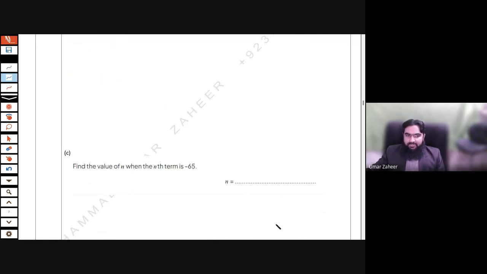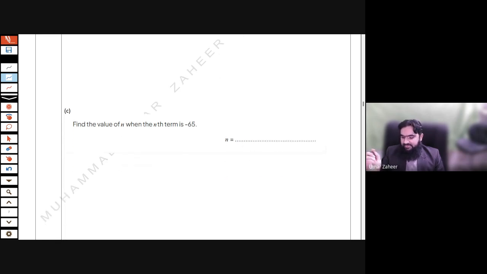All right, we have the next part as well. Yes, Hanana, tell me about this one. He says to find the value of n when the nth term is minus 64.